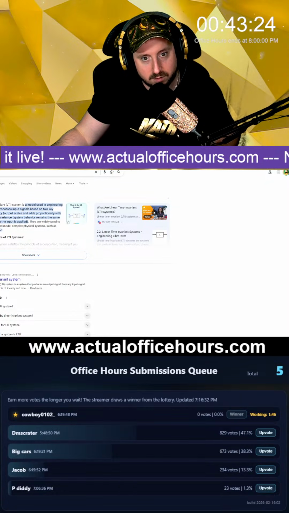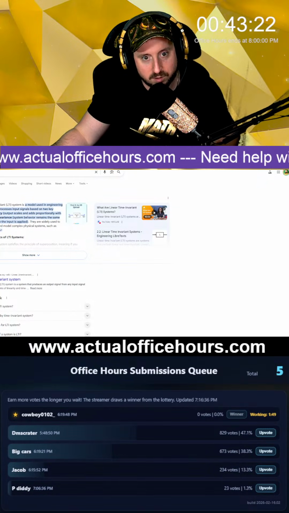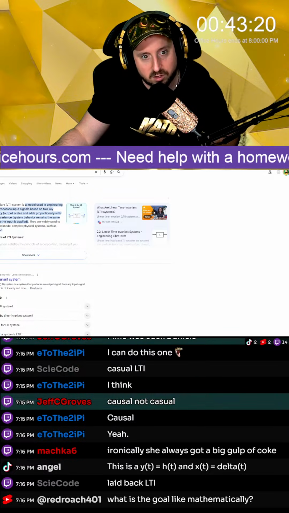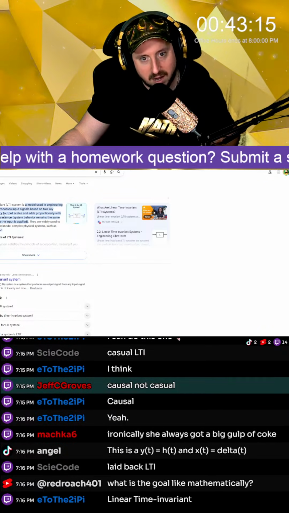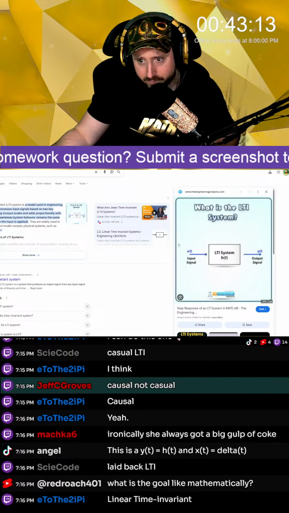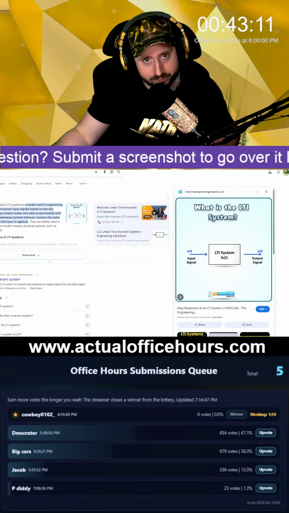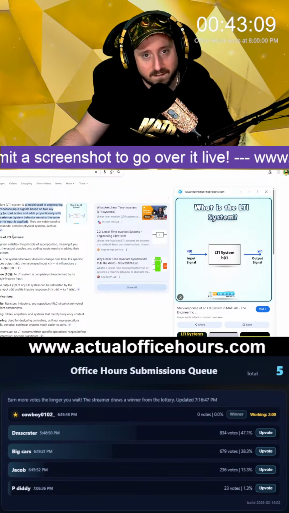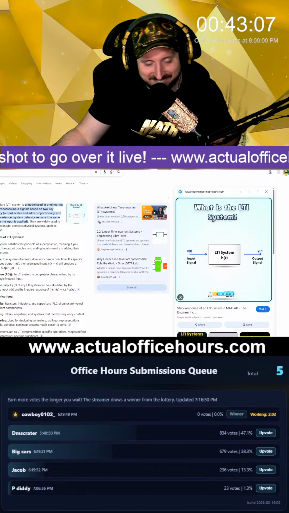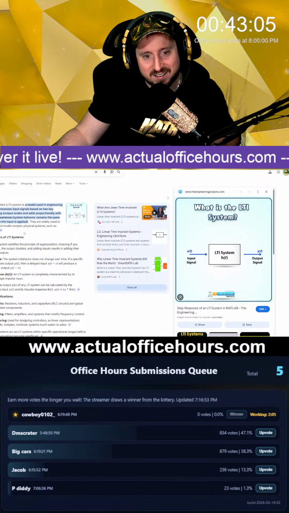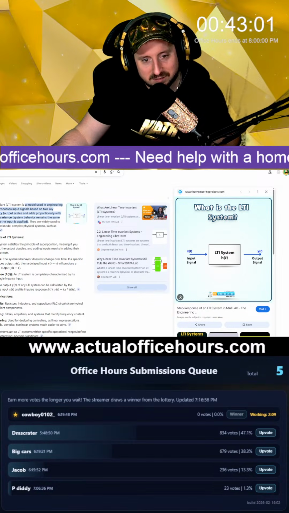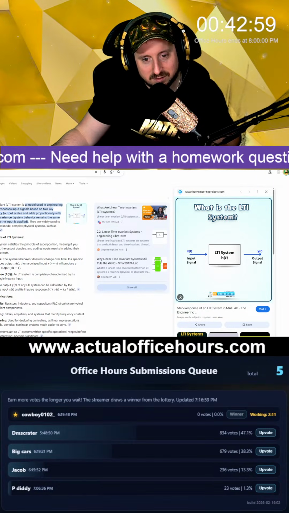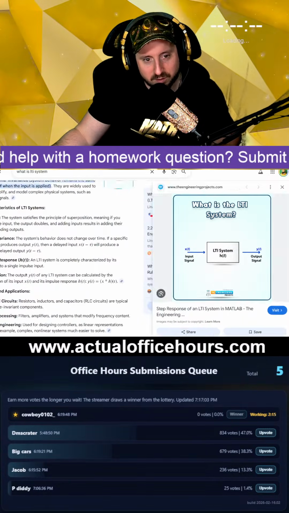Linear time invariant is a model used in engineering and physics that processes input signals based on two properties, linearity and time invariance. Okay. You're almost faster than Google. We need to get Zach AI going. Okay. Oh, and there's convolution in this. Okay, that's cool.